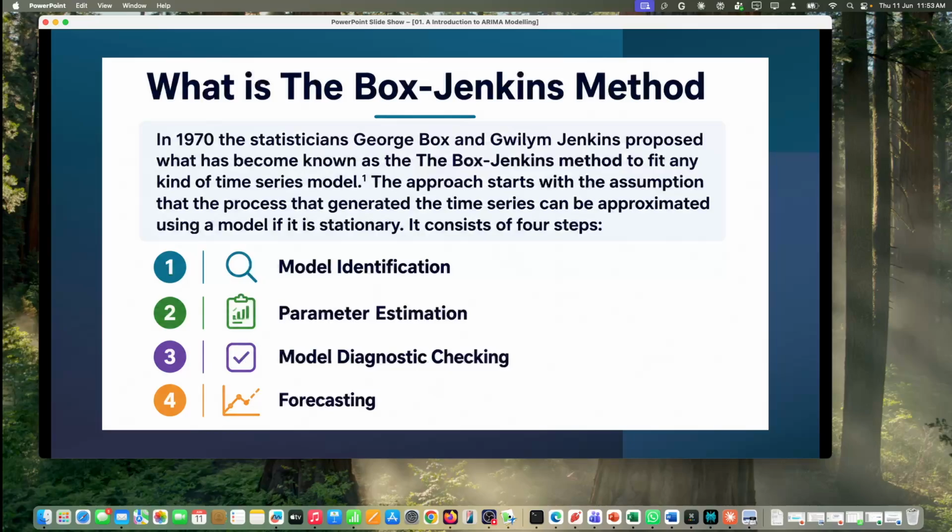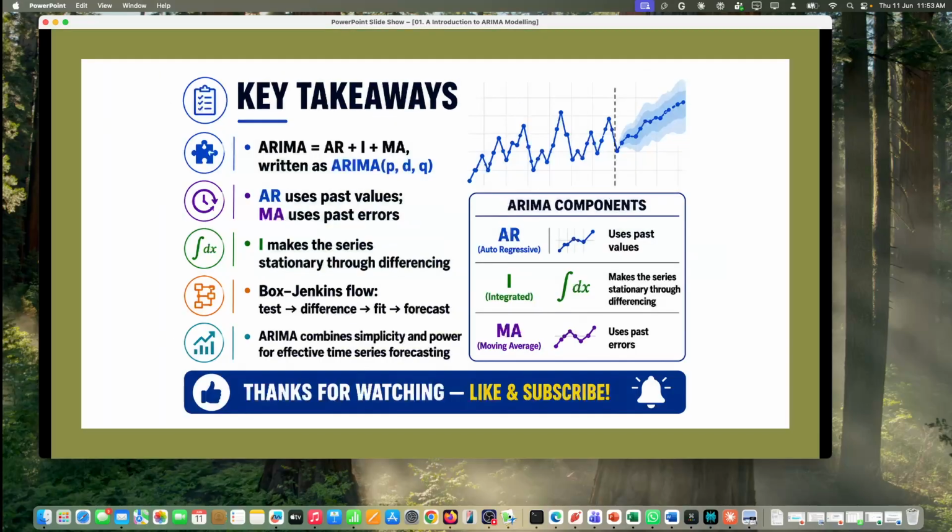In Excel also we can do it, in a simple spreadsheet. As we proceed, we will discuss model diagnostics, whether the chosen model is perfect. Then we can do the forecasting. So we will do a lot of steps.